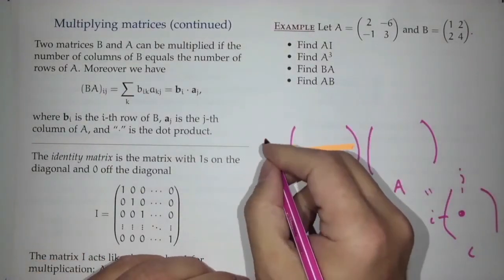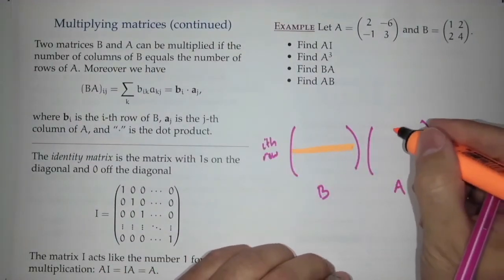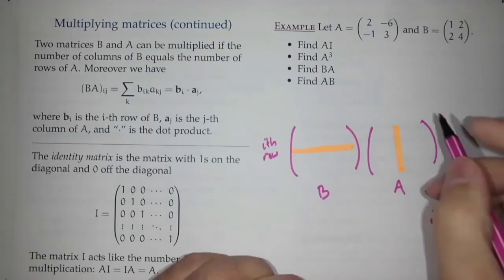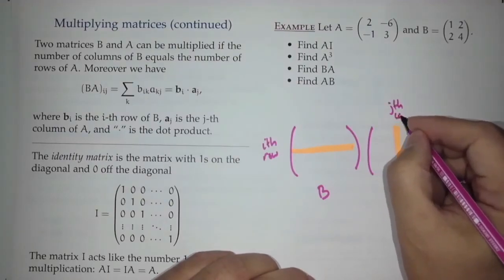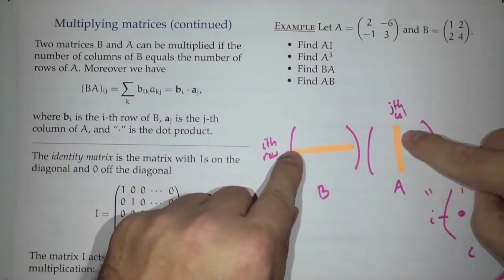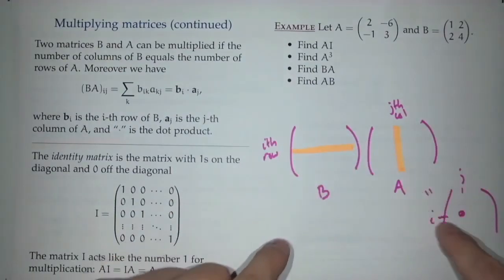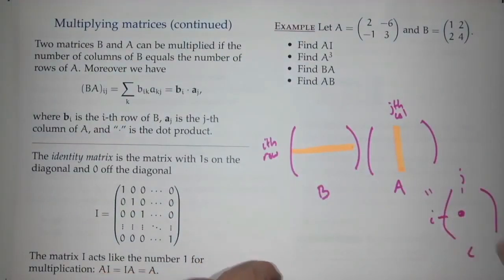So you want the ith row of the first matrix. You go to the second matrix and you grab the jth column. And then you do what's called a dot product, which means you just multiply as you go along. Dot, dot, dot, dot, dot, dot, dot. And the result is that one entry. So that's how matrix multiplication is carried out. Now, give me one more minute.